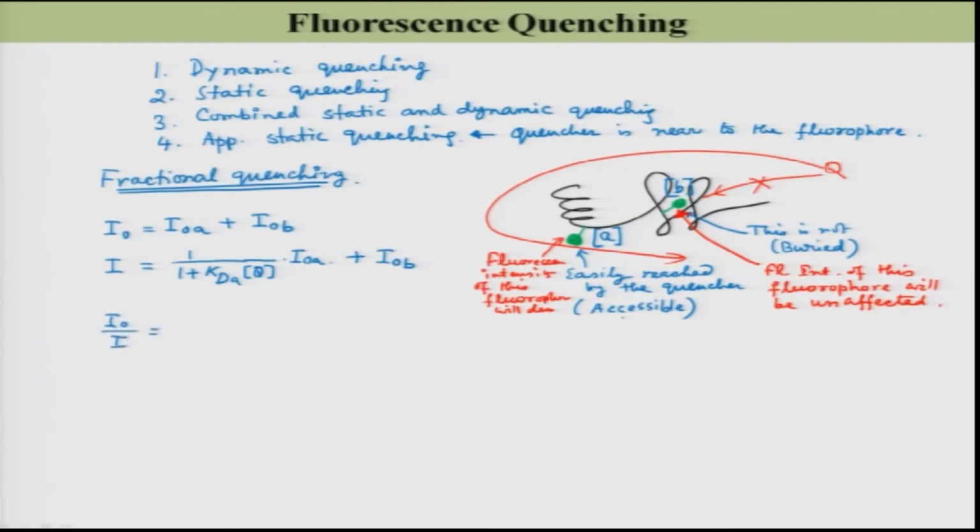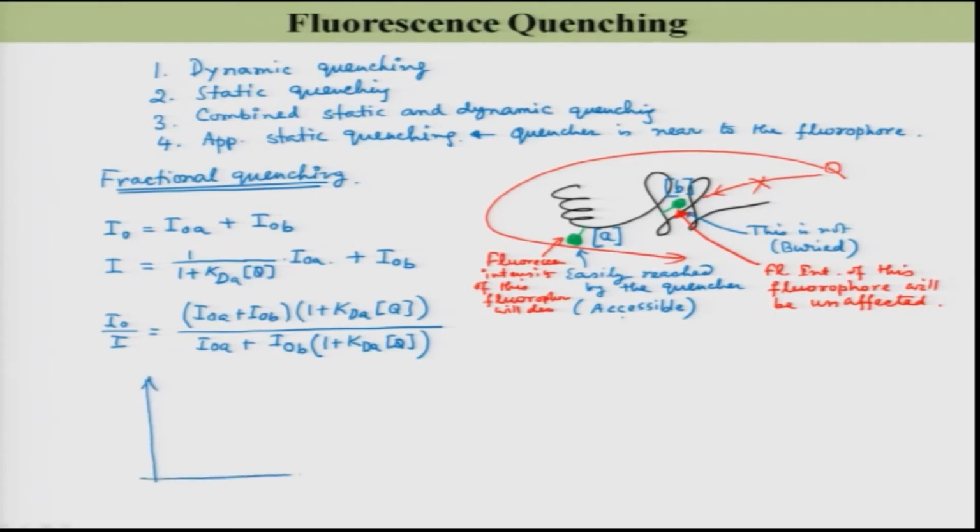I0 by I is equal to I0A plus I0B into 1 plus KdA into Q, divided by I0A plus I0B multiplied by 1 plus KdA into Q. Now, what I intend to do is plot I0 by I versus Q. Obviously, this is a complicated thing, and if you plot this I0 by I versus Q, let me plot it somewhere here.